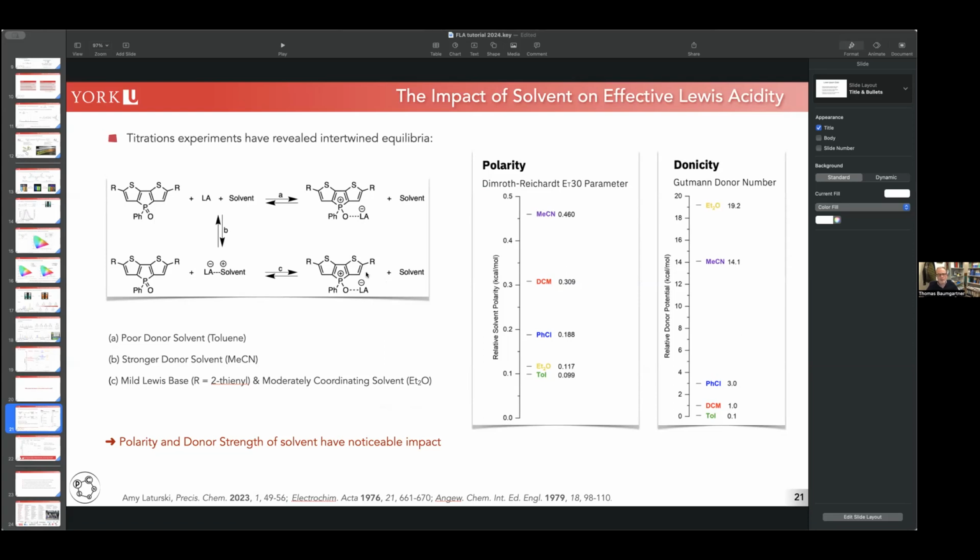What we really want to do is test the limits with weakly coordinating anions, to see if there's a little bit of contact, and see how much this equilibrium is there by replacing the solvent with the anion. We haven't gotten around to that. My colleague Chris Caputo and I are looking for a joint grad student to tackle that, but we haven't been able to hire one yet.